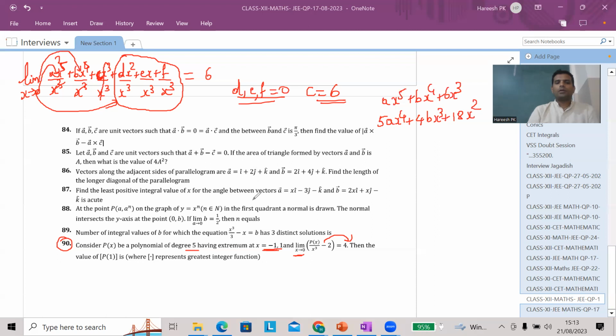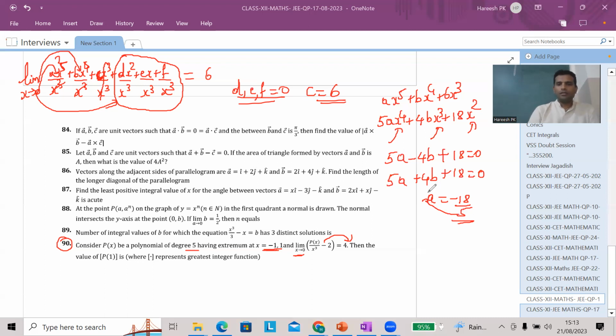And they're saying it has maxima or minima at -1. So put -1 here. So you end up getting 5a minus 4b plus 18 equal to 0. And then put x equal to 1. So you get 5a plus 4b plus 18 equal to 0. So when you add, 5a is simply minus 18, right?